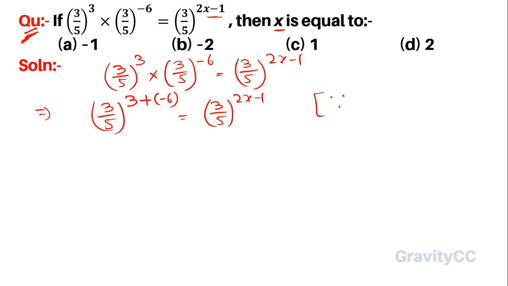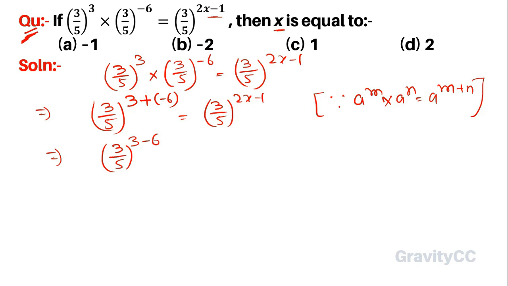Here we write the formula: a to the power m multiplied by a to the power n is equal to a to the power m plus n. 3/5 to the power 3 minus 6 and this 3/5 to the power 2x minus 1.